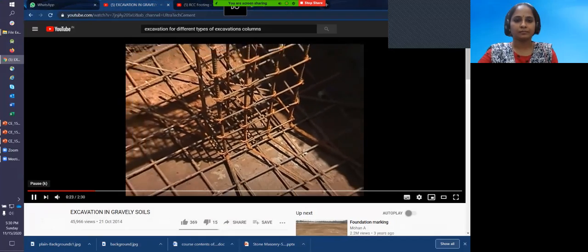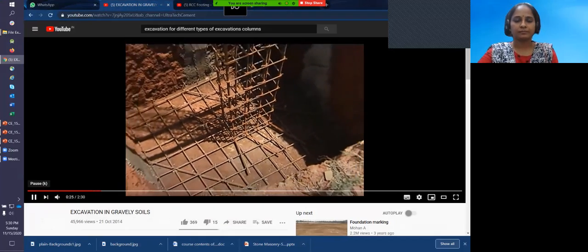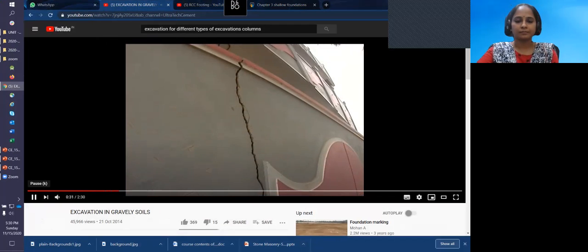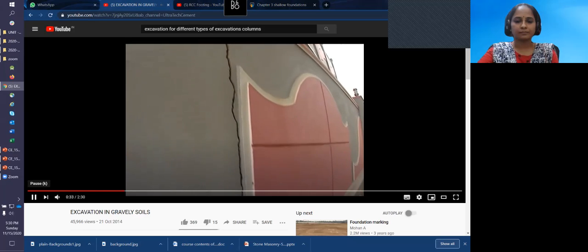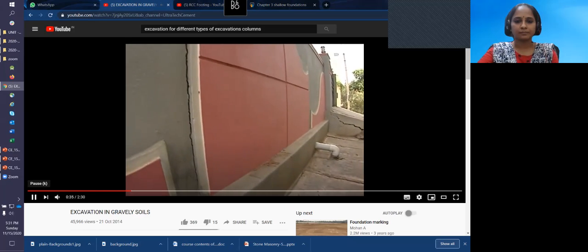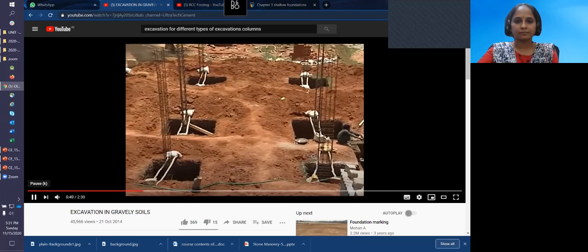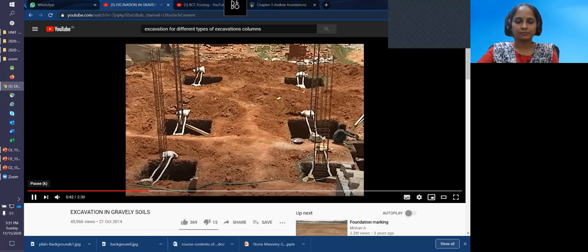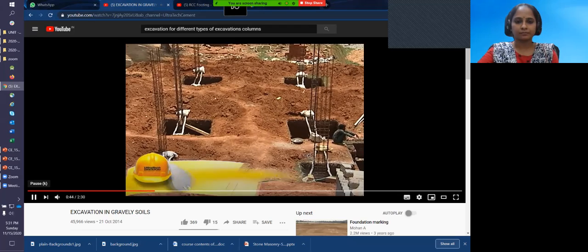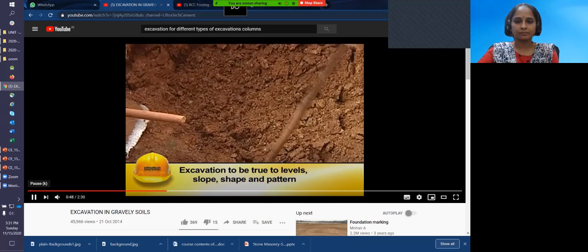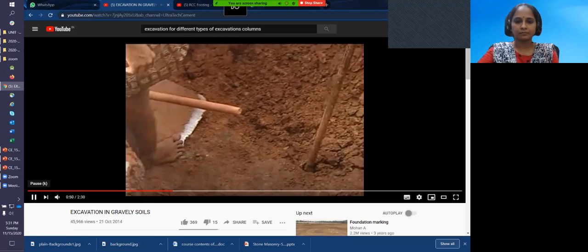An important part of all structures used to transfer the loads of the building on a firm soil deep down in the ground. The movement or settlement of foundation results in cracks in the building. The layout of the foundation is to be correctly marked on the ground before taking up the excavation. The excavation shall be done true to levels, slope, shape, and pattern.